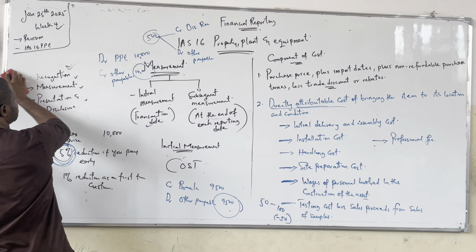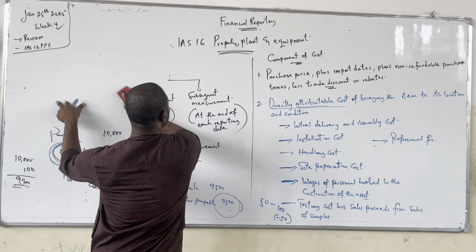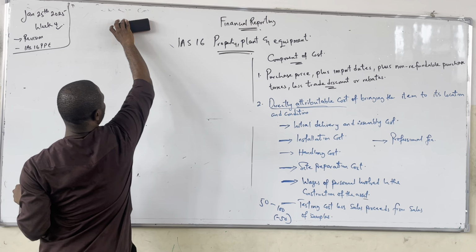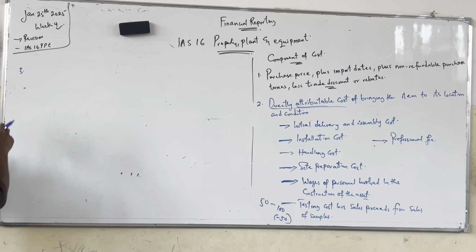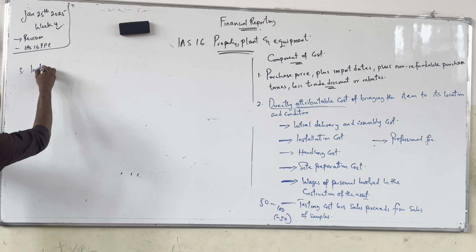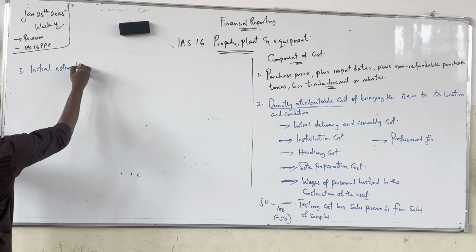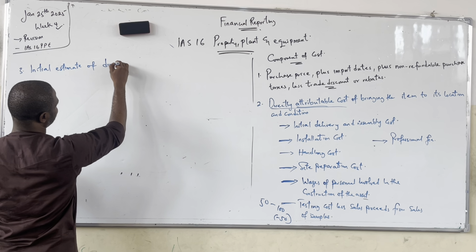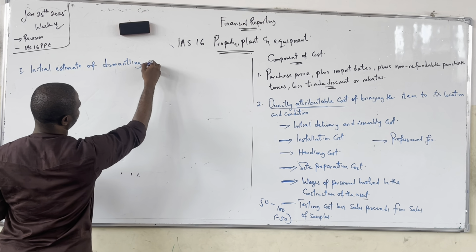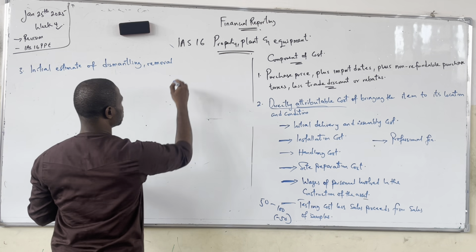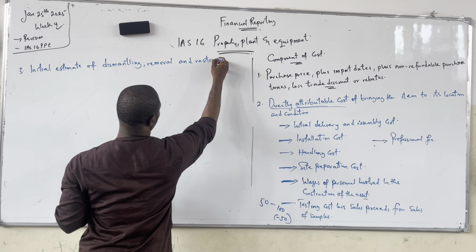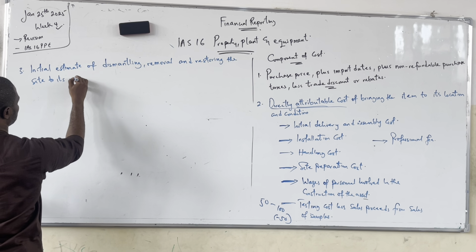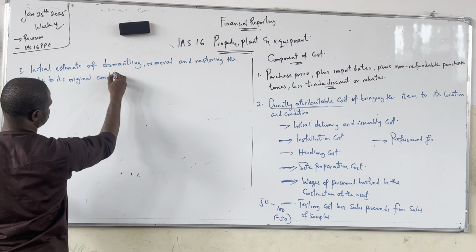Number 3, initial estimate of dismantling, removal, and restoring the site to its original condition.